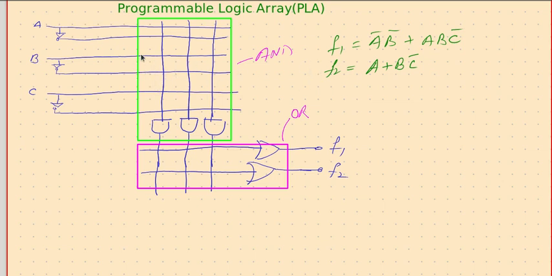So it becomes more cumbersome compared to what we are trying to do now. In PLA, every input and its complement are made available to the AND programmable unit. And here, whatever term is required, that term is taken out.